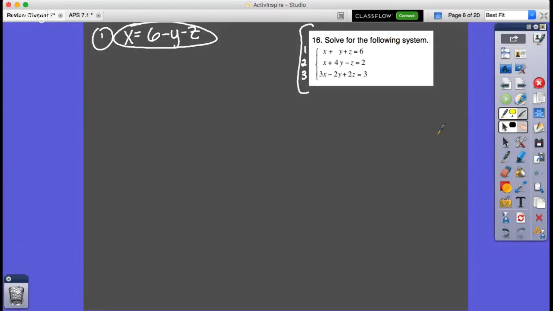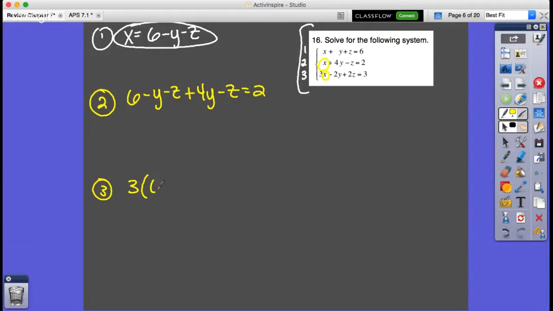And these other two, numbers 2 and 3, we're going to rewrite to where if x is equal to that, we're going to substitute in for x in both numbers 2 and 3. So on number 2, we say 6 minus y minus z is what we plug in for x, plus 4y minus z is equal to 2. Now on number 3, we're going to put in the same thing, except this time we're plugging in for x.